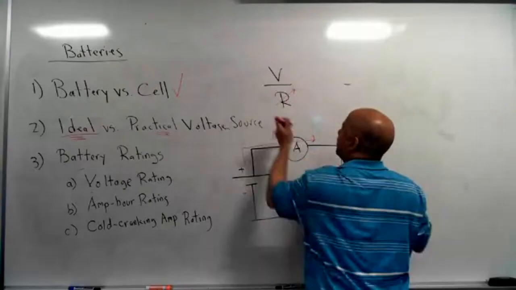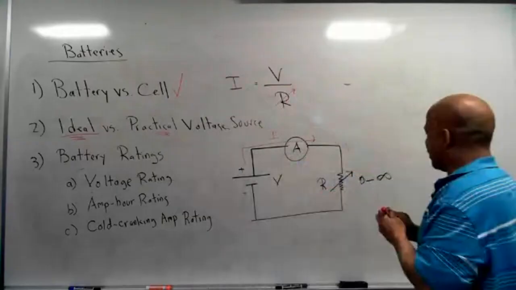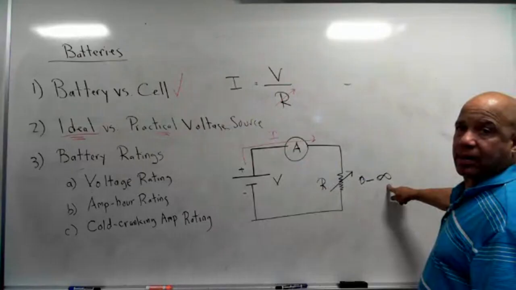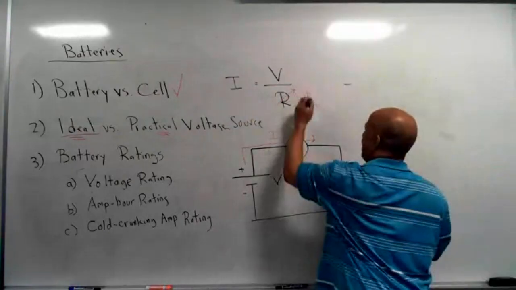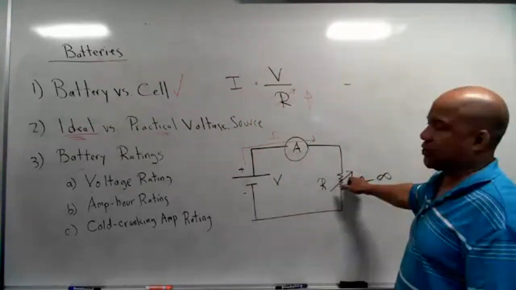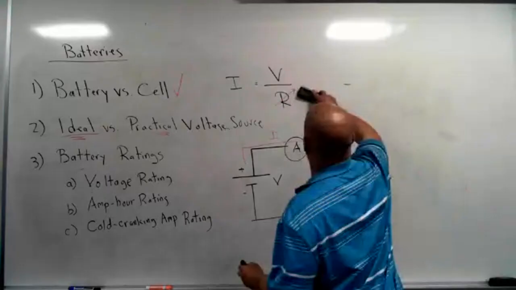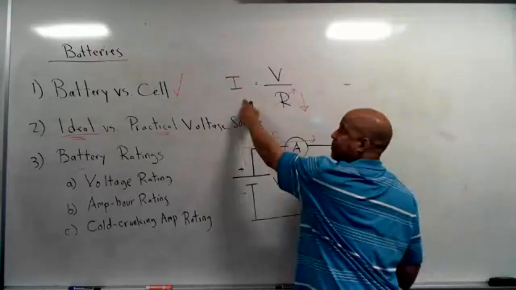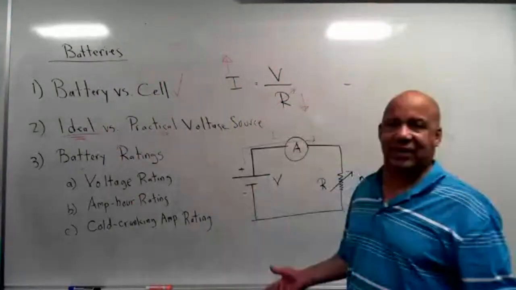Let's say I start the resistor out real high, and I start to turn the resistance down, lower and lower. What's going to happen to the current? The current's going to get higher, right? I mean, anybody can see that.